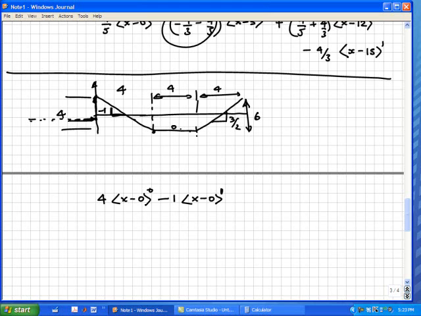It went from -1 to 0. So I get plus x minus 4 to the power 1. I come up here and I say, there's no jump in value, but another jump in slope from 0 to 3/2. So I get plus 3/2 x minus 4 plus 4, 8 to the power 1.